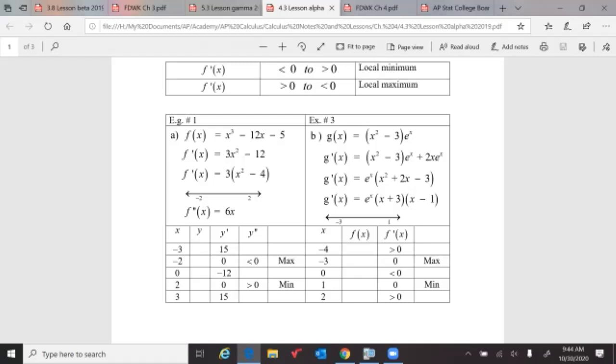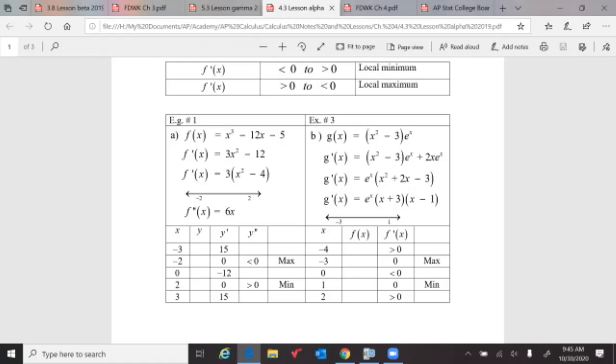What does the second derivative tell you? It tells you the concavity of the graph. Is it opening up or down? Is the graph smiling or is it frowning?